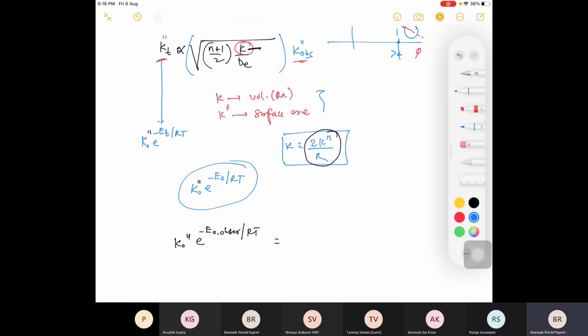Anyone getting the equation? 1 by Lc, then in the square root I have R by N plus 1, and then the diffusivity, and there will be K double dash.